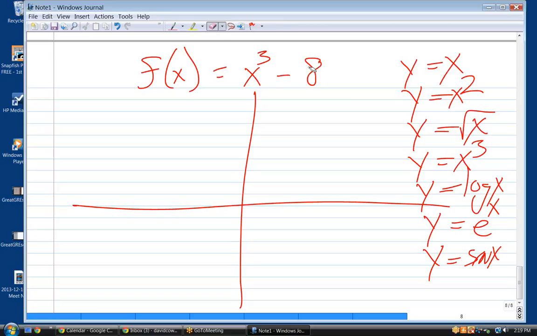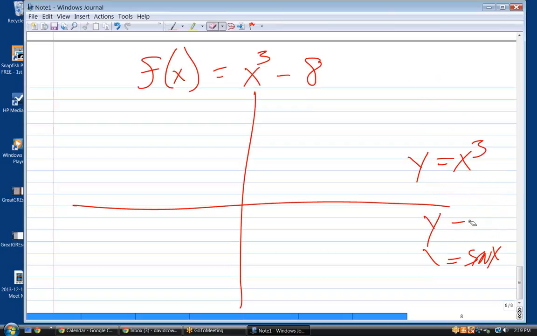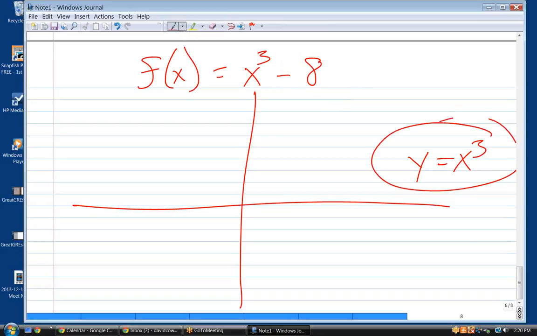Because this function is merely one of these shifted down by 8. Well, it's this one right here. The reason it's shifted down by 8 is because this minus 8 comes completely after the function. So what does this function look like?